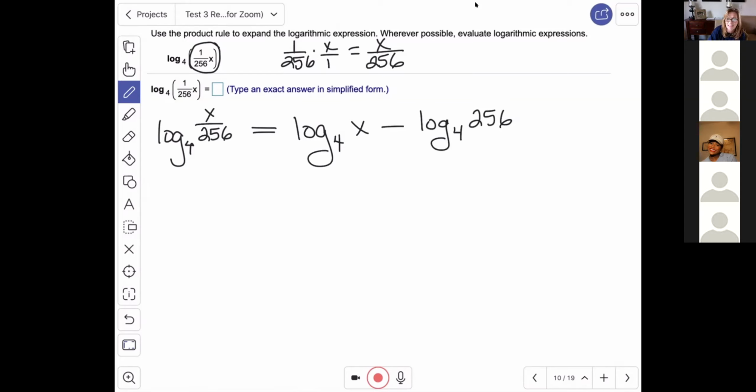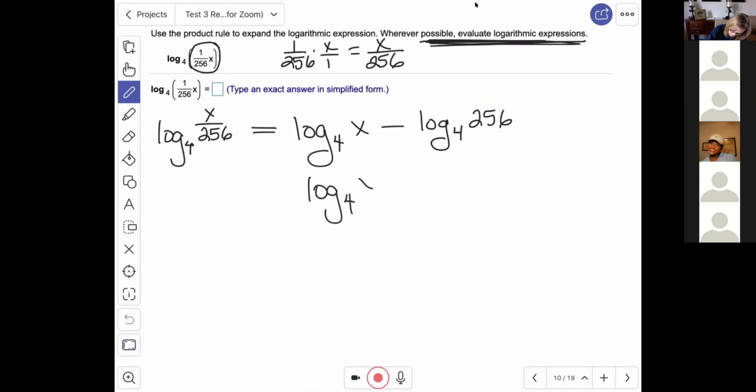You don't divide, you subtract. And you think you're almost done here, but they do say wherever possible, evaluate the log expressions. That's code for if you can figure out if one of them can be written as a nice number, do it. And right here you can.